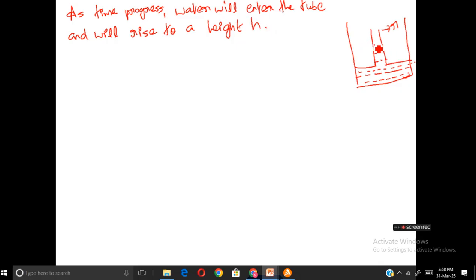Water will start entering the tube and it will reach a height h.